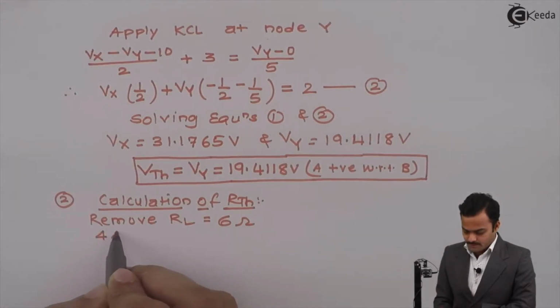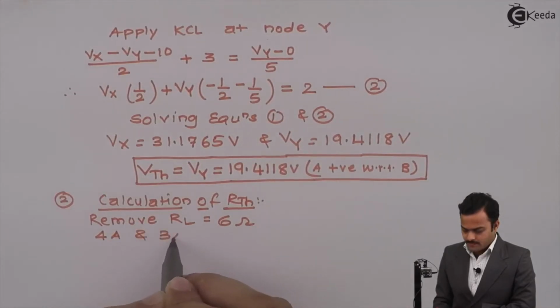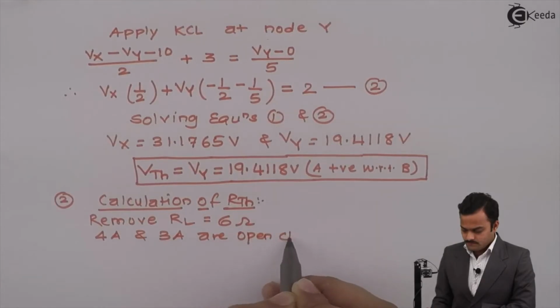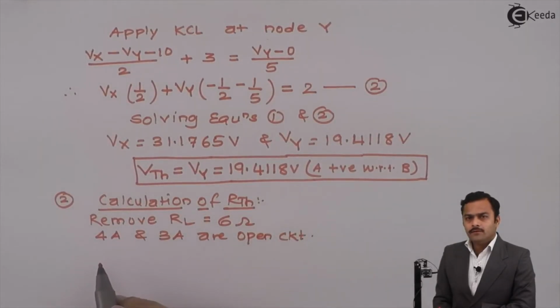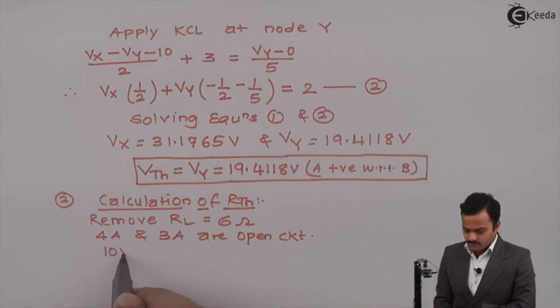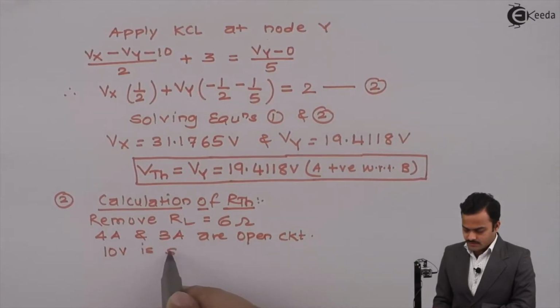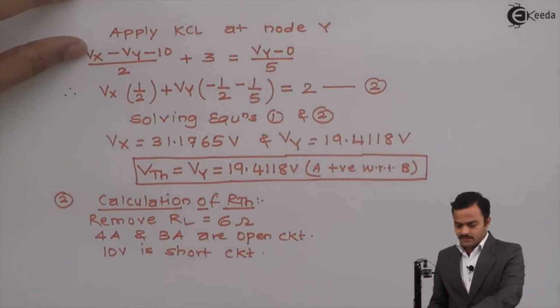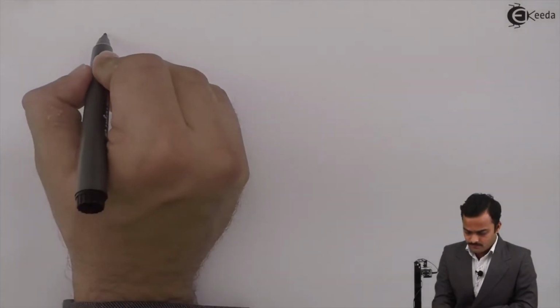The 4 ampere and 3 ampere are open circuited, and the only voltage source given, 10 volt, is short circuited. If I make these modifications to the original circuit, the circuit will look like this.